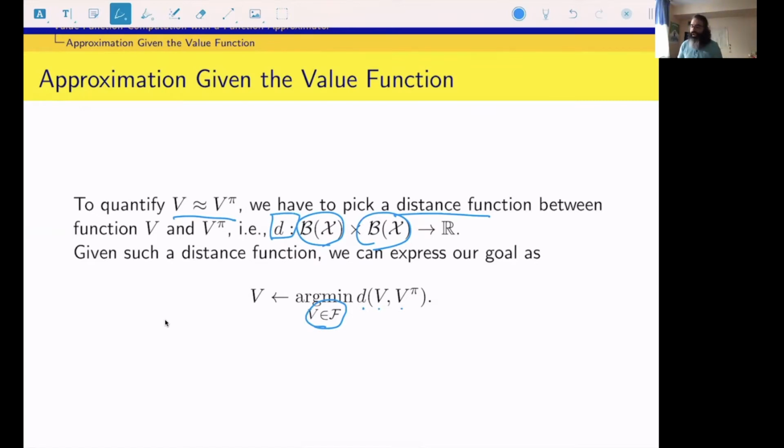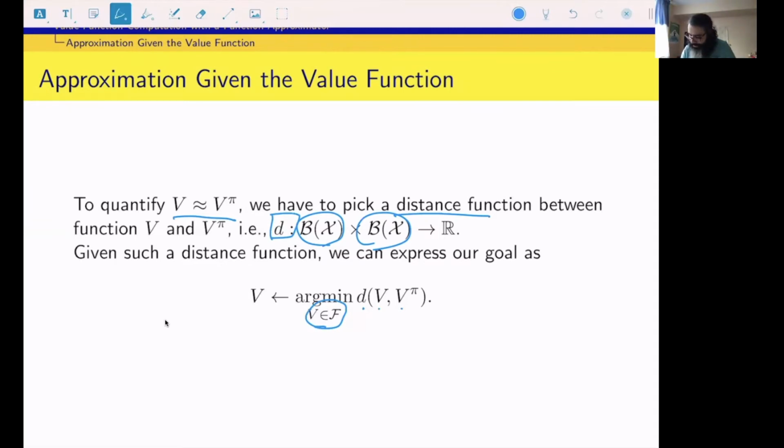So maybe some mental images would be helpful. I think this is clear, but some mental images would be helpful. Maybe if the function space is linear, we can usually show it with a plane to visualize it.